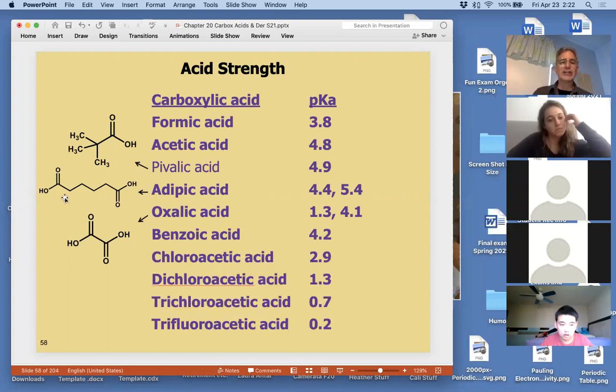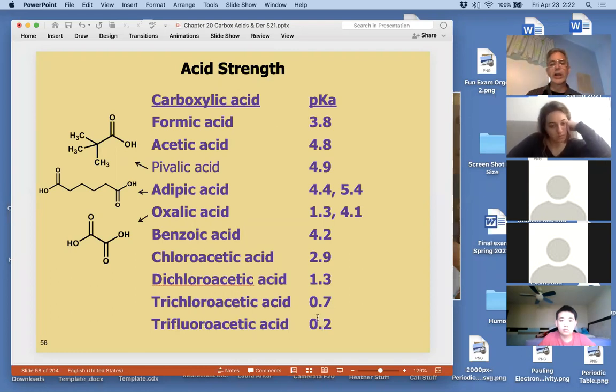Okay, if you put chlorines close by, of course, it gets more acidic. Chloroacetic acid, dichloroacetic acid, trichloroacetic acid, and trifluoroacetic acid make a nice range of acid catalysts from weaker to stronger. Okay, sometimes changing from one to the other leads to a better reaction. By the time you get to trifluoroacetic acid, it's doing a very good job of trying to be a strong acid.